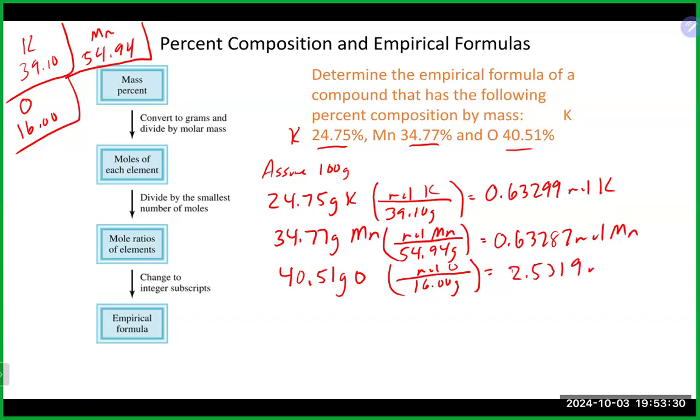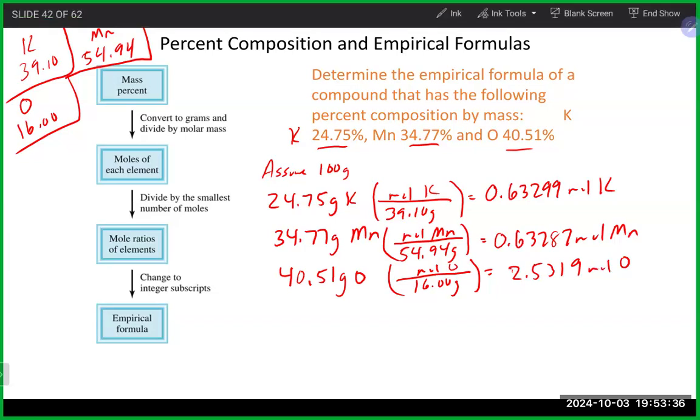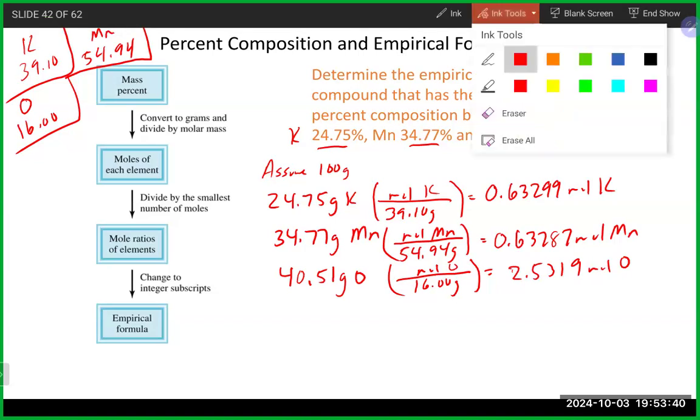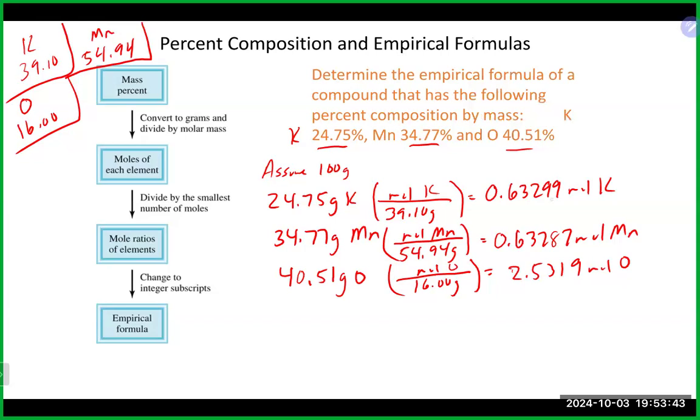And lastly, 40.51 divided by 16 gives me 2.5319 moles of oxygen. So in this case here, we're going to divide by the smallest. They look fairly close, so we'll go with Mn as our smallest here. So we're going to divide everybody by the moles of Mn, 0.63287.